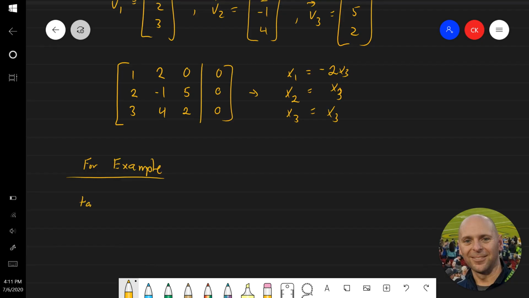And let's go ahead and take x3 equal to 1. And that implies that x1 is equal to -2 and x2 is equal to 1.